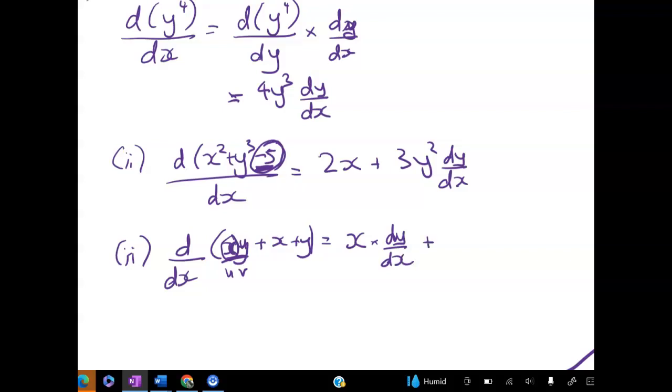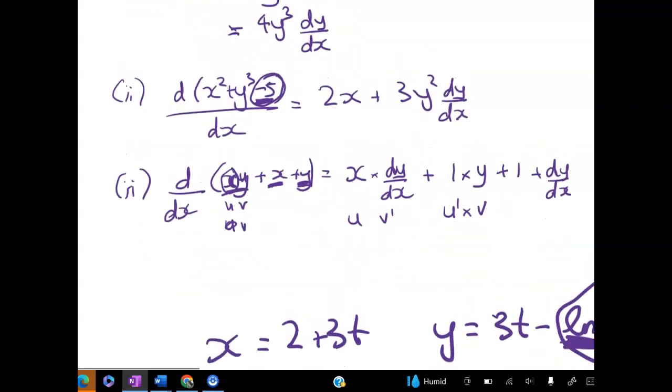And now I have to go the other way around. So this is u v dash, and now we're going to have u dash, which is 1 times v. So we've got u dash times v, 1 times y. Now we're on to the next term, plus 1. And when I differentiate y, I get dy by dx. All right, so that's an adequate answer.